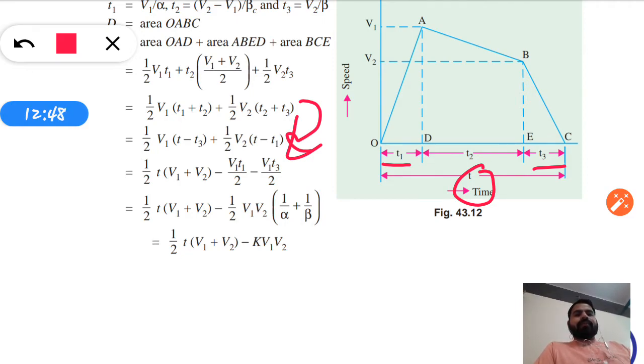Now the value will become 1 upon 2 T (V1 plus V2) minus 1 upon 2 V1 V2 (1 upon alpha plus 1 upon beta), by substituting the values of T3 and T1. T1 is V1 upon alpha and T3 is V2 upon beta, okay. So we will get this equation.